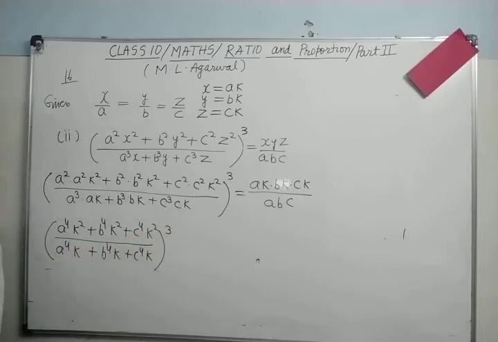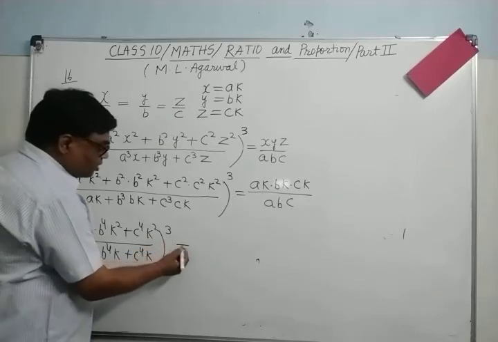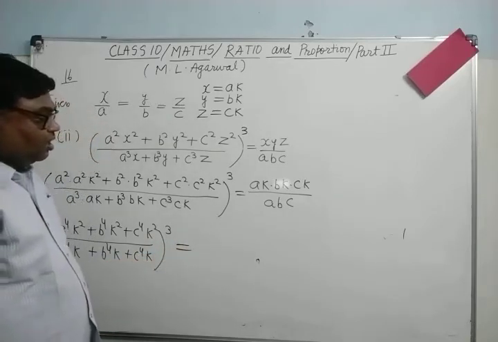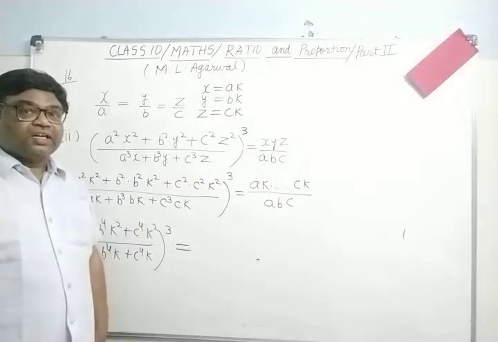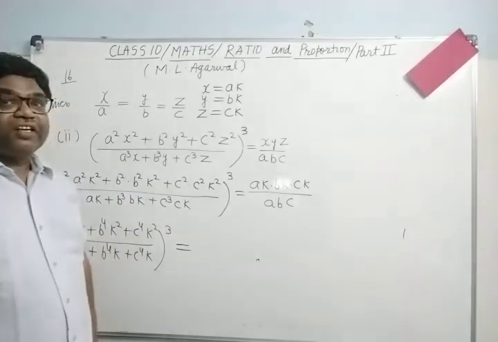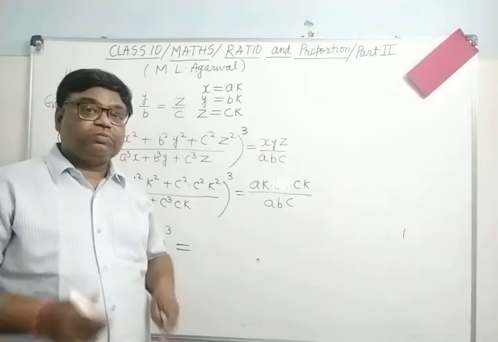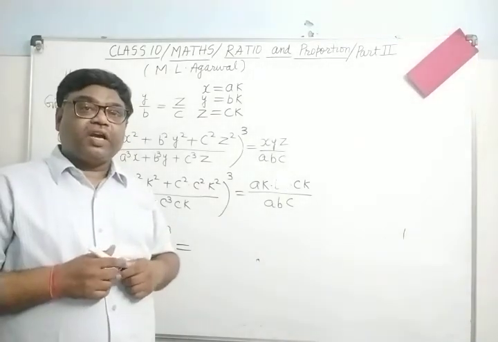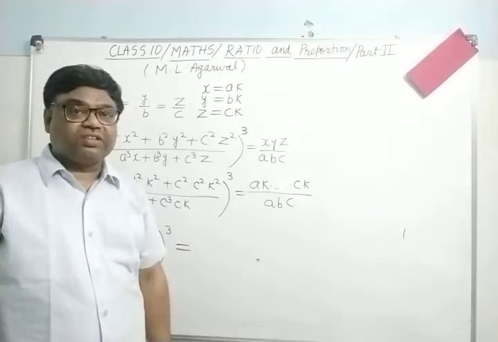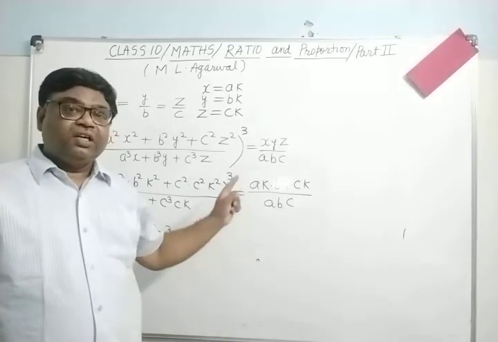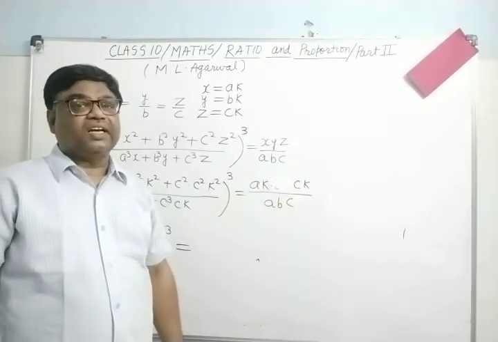Here nowhere will the bracket be opened, and nothing will be cancelled from the left hand side to the right hand side. LHS will be simplified separately, RHS will be simplified separately. Two things we will remember: nowhere will the bracket be opened, and nothing will be cancelled from LHS to RHS.